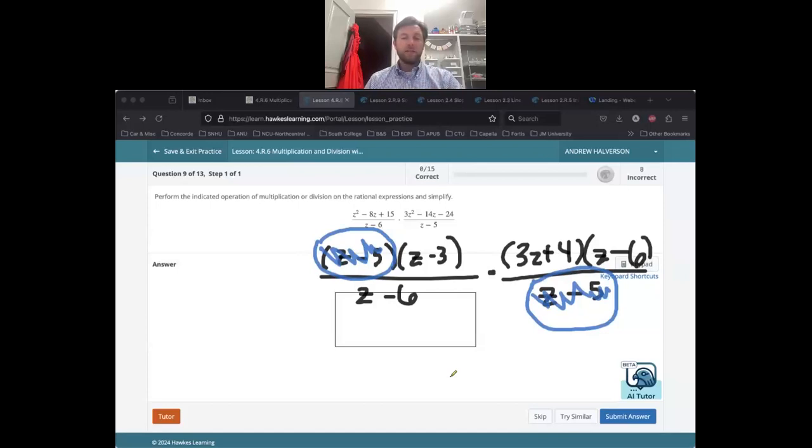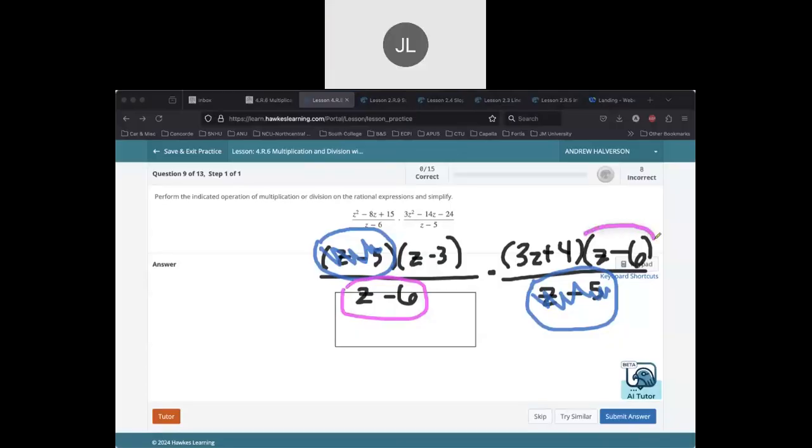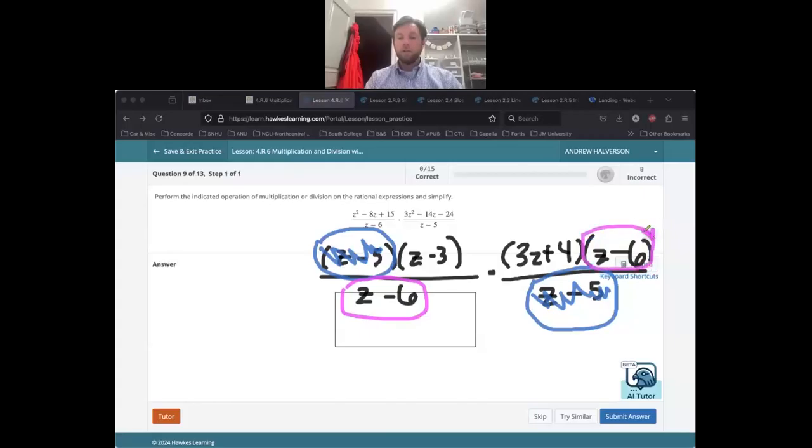The z minus 6 cancels with the z minus 6. So now you've canceled the things that are in top and bottom. That's when you do your multiplying straight across, when you bring it back all together. Or you could do that before too.